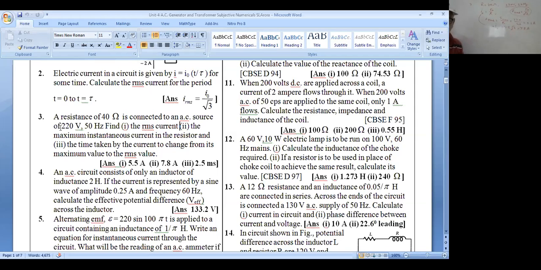If you find the time in both cases, you can get the difference of time easily. So it was question 3.